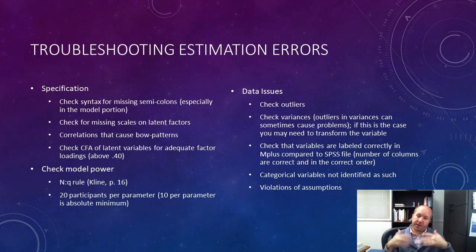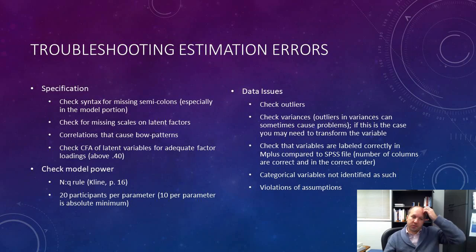So it can be helpful to open that text file and count up your number of columns and make sure that that matches and that they're in the correct order, that you're calling the variables the correct names in your M+ syntax. And lastly, a few other common data issues are having categorical variables that you have not adequately told M+ that they are categorical variables, and violations of assumptions.